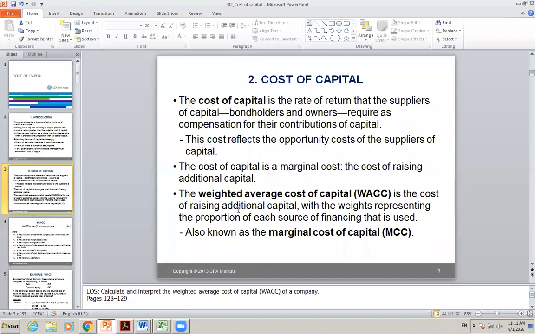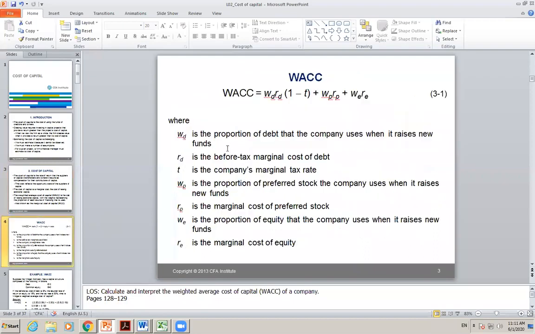And this capital is raised by creditors and owners. So this is the formulation we have: the weighted average cost of capital, or we call it MCC, which is the marginal cost of capital.